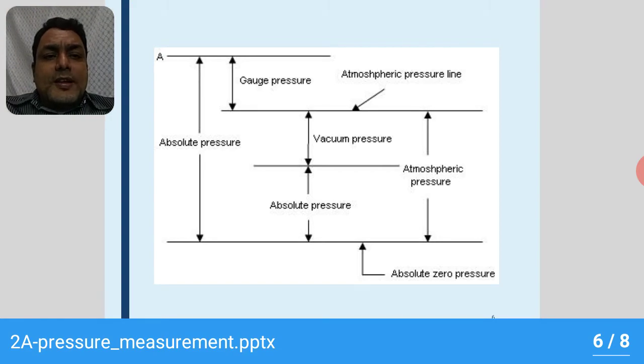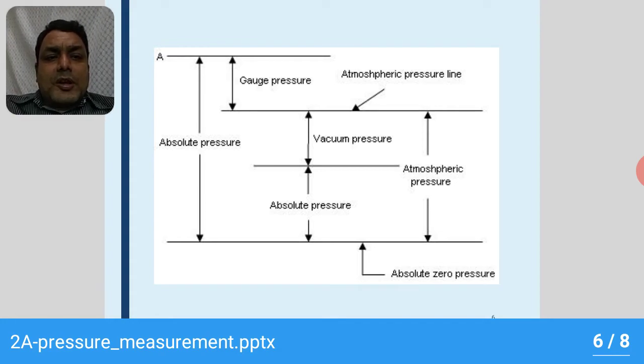So we can see from the diagram that we have atmospheric pressure. Above the atmospheric pressure, we have the gauge pressure. We have absolute zero pressure. So we can say that the gauge pressure, the vacuum pressure, and the absolute pressure will be seen in the diagram.